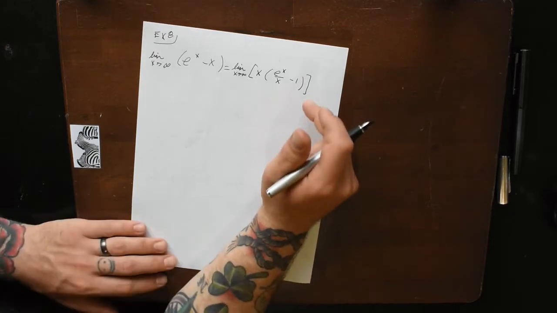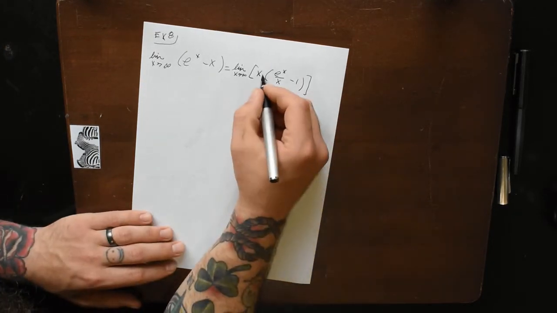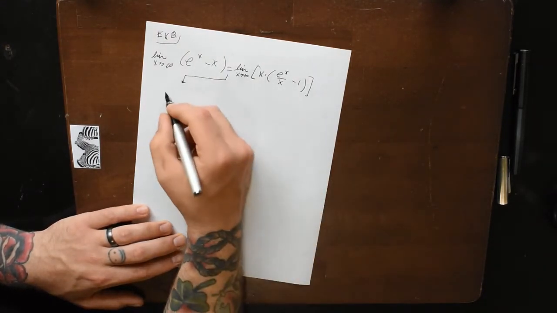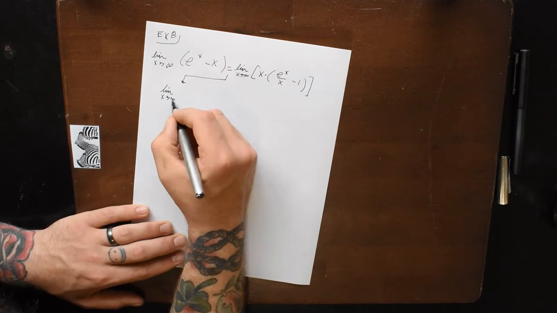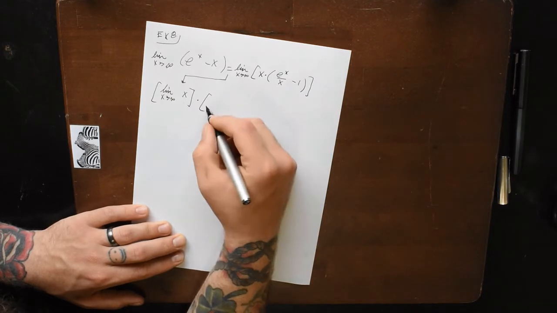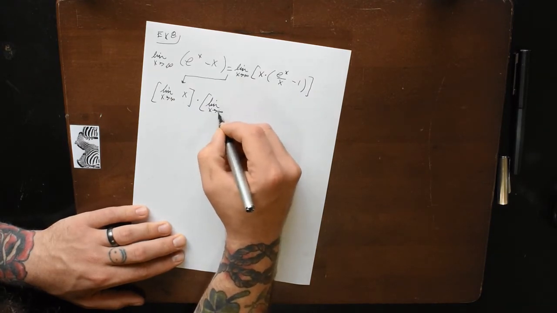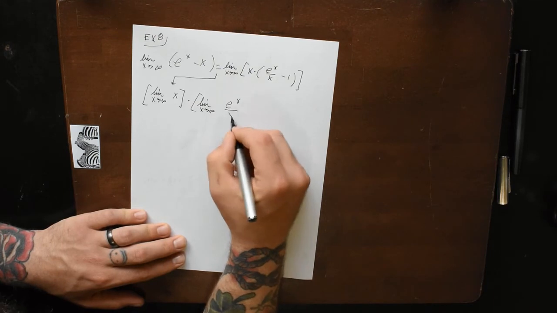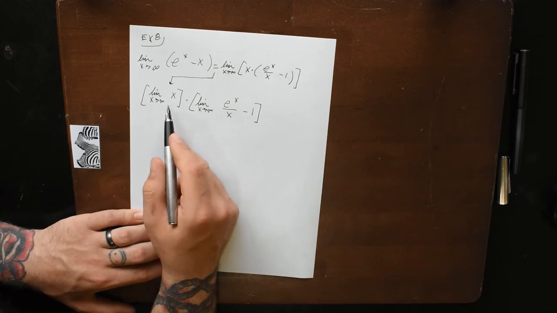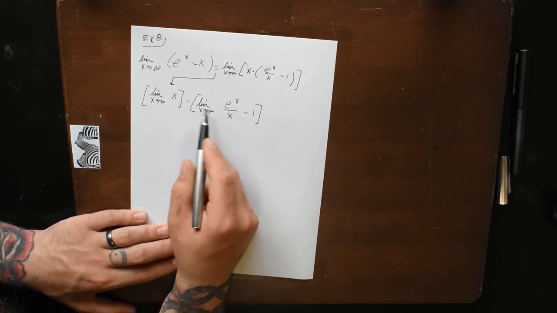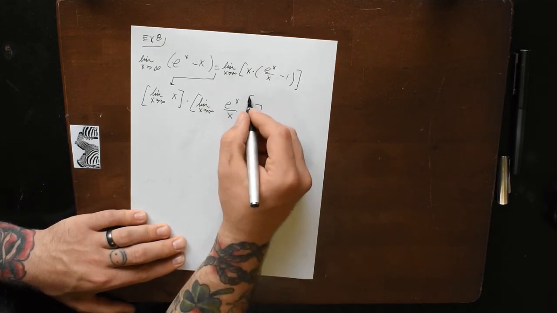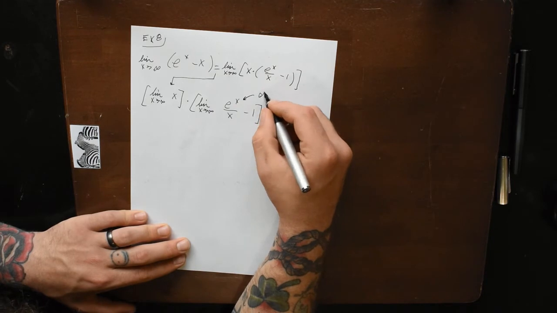Now, this is something that's actually a little bit easier to deal with. We can break limits up at multiplication, so going over here to give me some space, the limit as x goes off to infinity of x times the limit as x goes off to infinity of e to the x over x minus 1. The limit as x goes to infinity of x is going to be infinity, but this right here is going to give us an infinity divided by infinity minus 1. This right here is an indeterminate form.